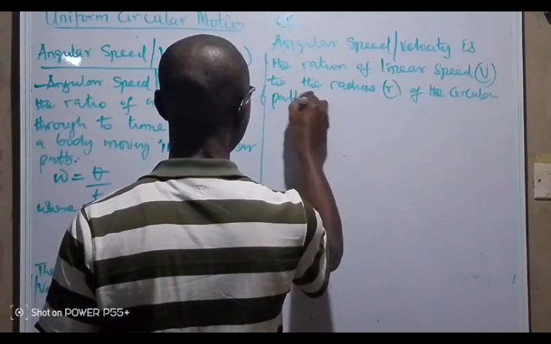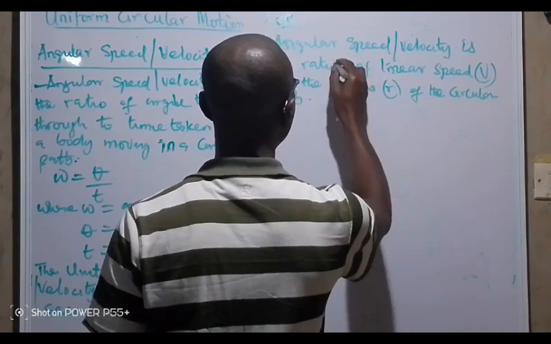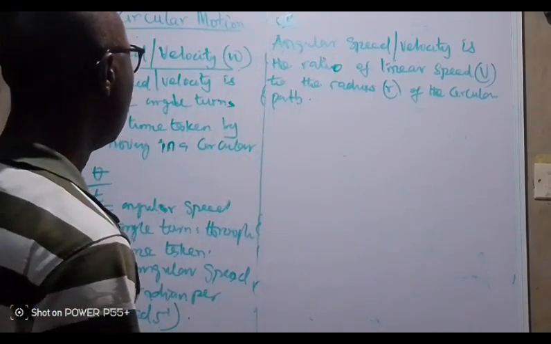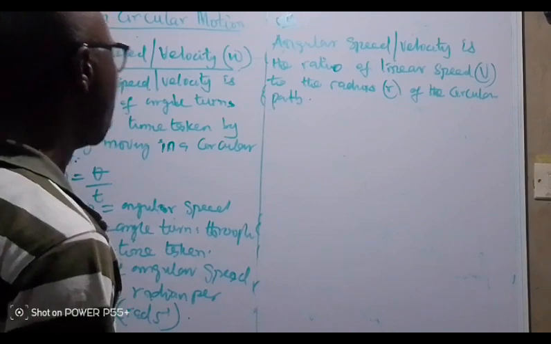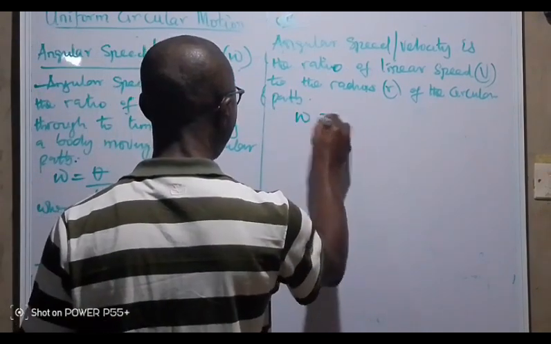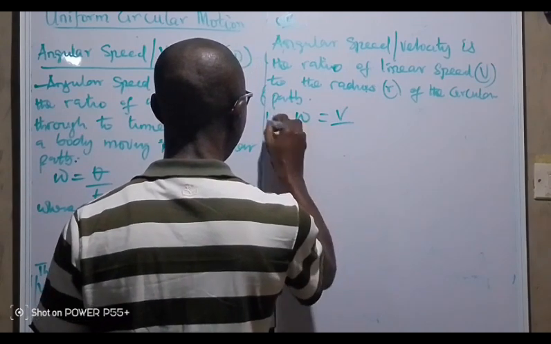Say the ratio of linear speed v to the radius r of the circular path. That is, omega is equal to v over r.